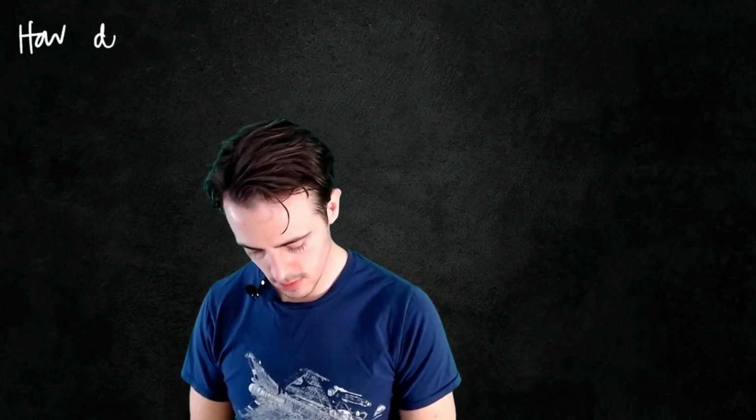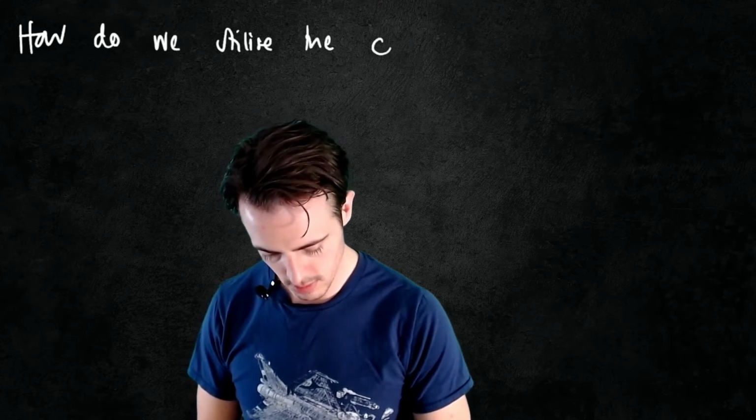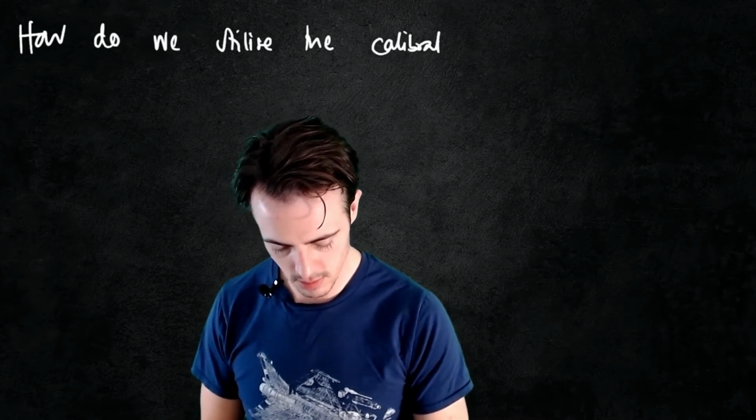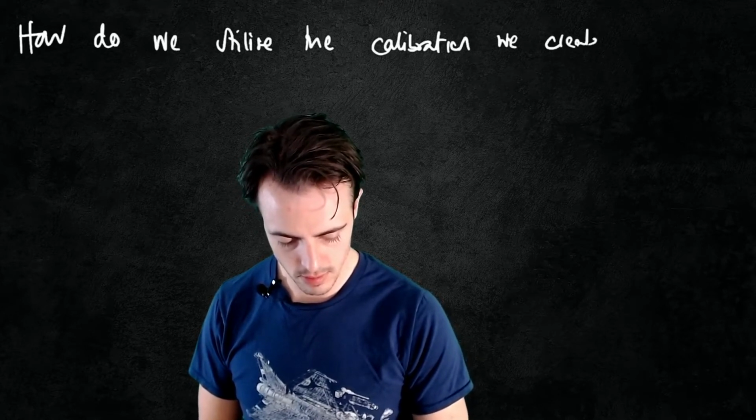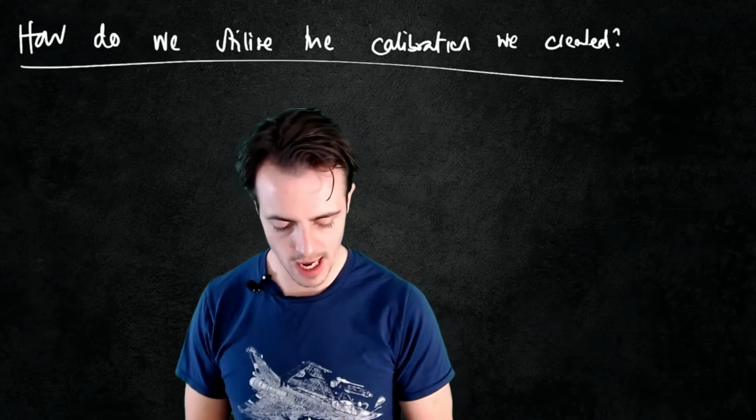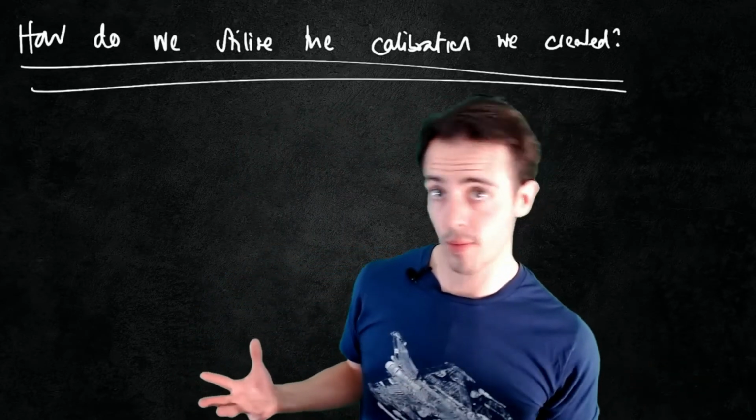Let's have a look at how we actually utilize the calibration that we created, because we need to do that for every data file. So remember that when we described calibration, we said calibration was a 2-step procedure.